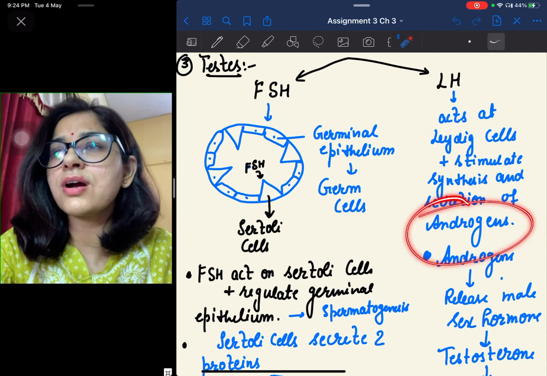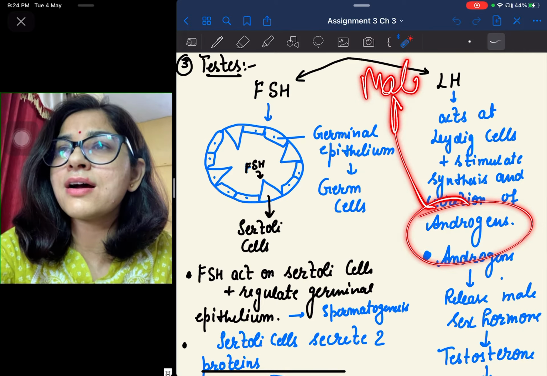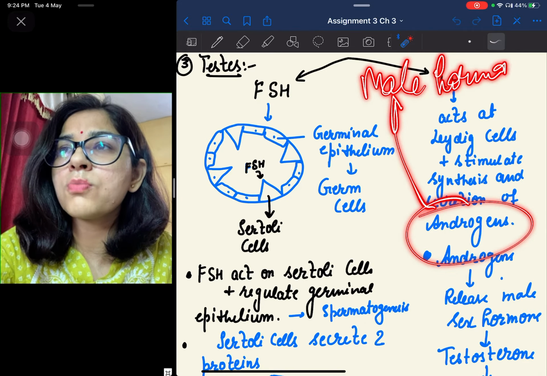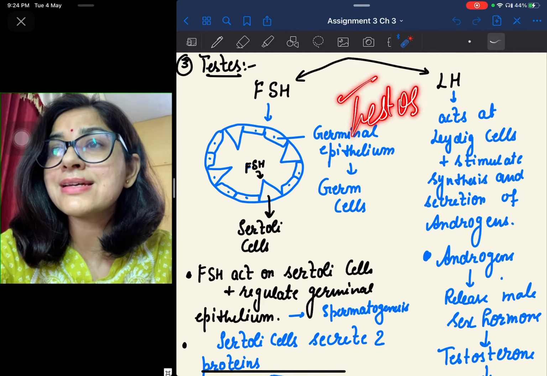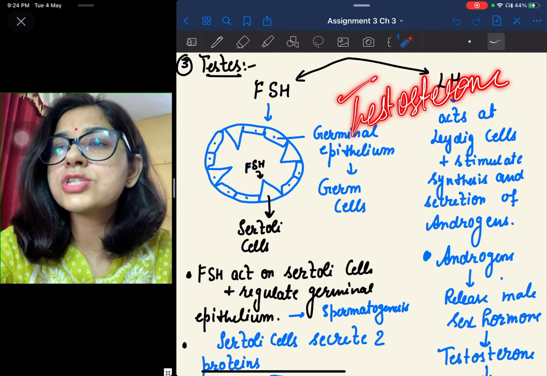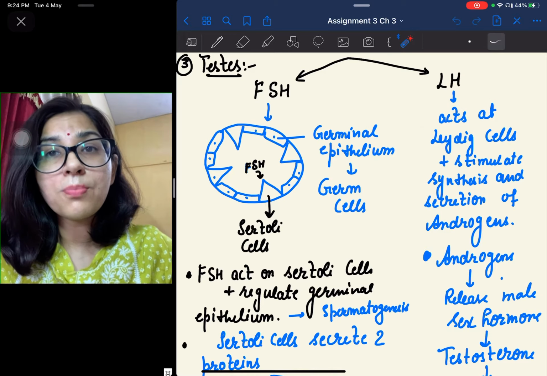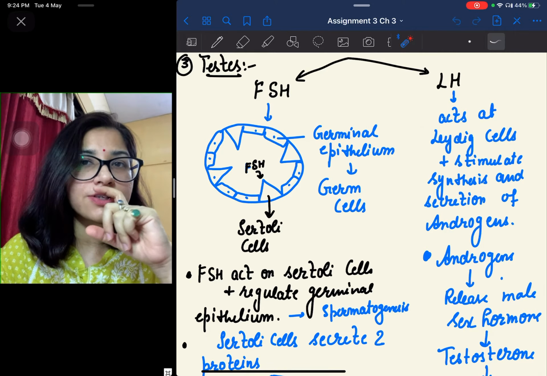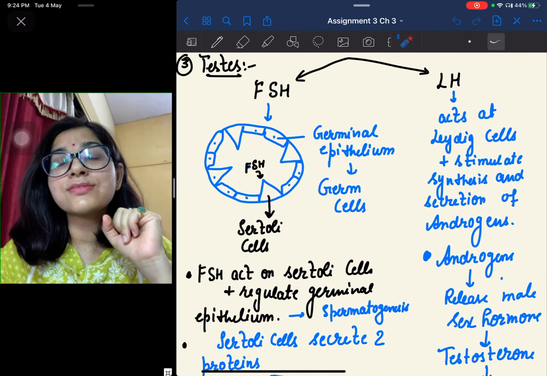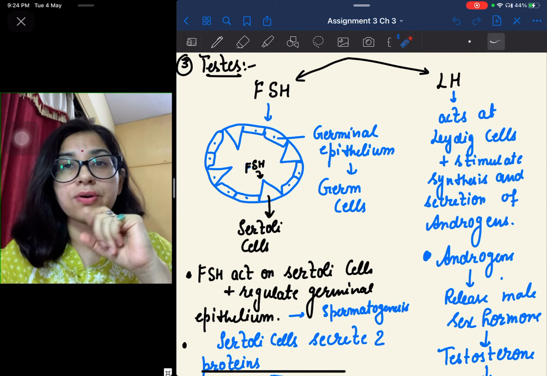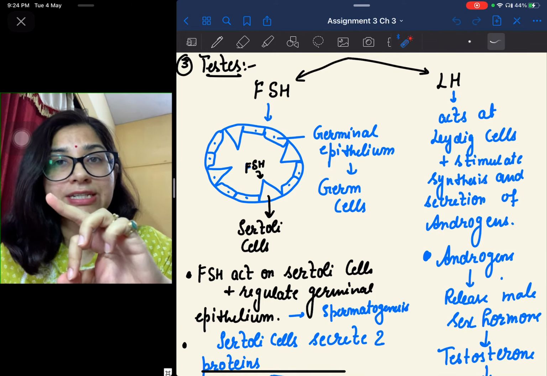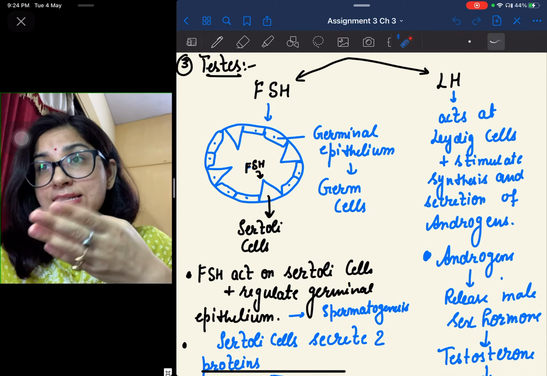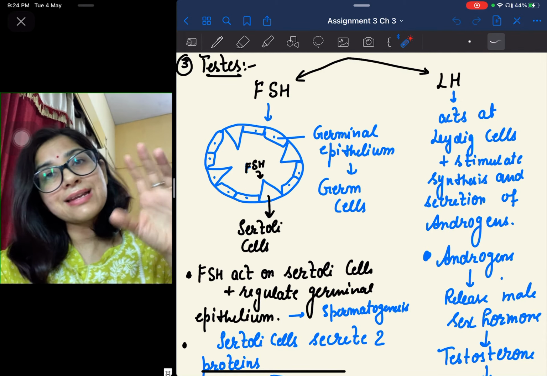Children, what are androgens? Androgens are male hormones, and there is only one very important male hormone, that is testosterone. The moment Leydig cells are activated, they start releasing testosterone. So if a male reaches puberty, these LH and FSH get activated.